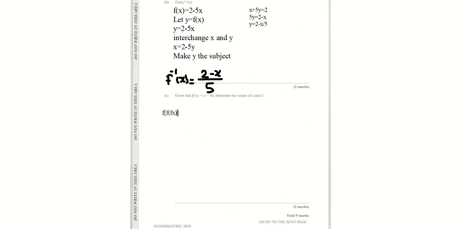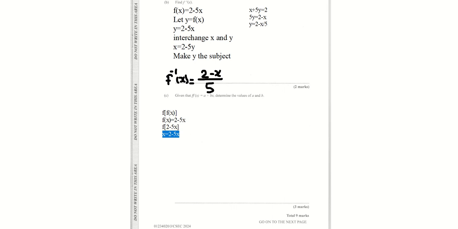We know that f of x is equal to 2 minus 5x. So this will become f of 2 minus 5x. What I mean by that is the value of f of x is equal to 2 minus 5x.